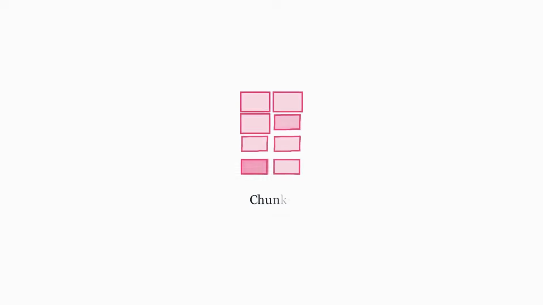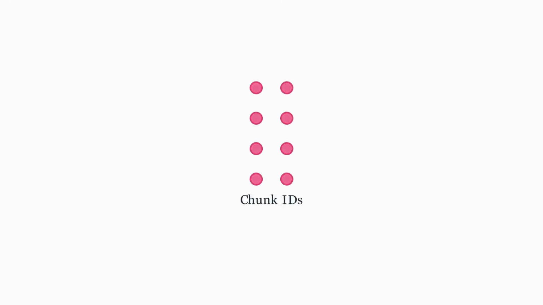We don't just upload a 100-page PDF. We break it into what we call chunks. Then we create vector embeddings along with their IDs and store each chunk in a new row of the database. As you will see on the screen, every chunk of data will have an ID.